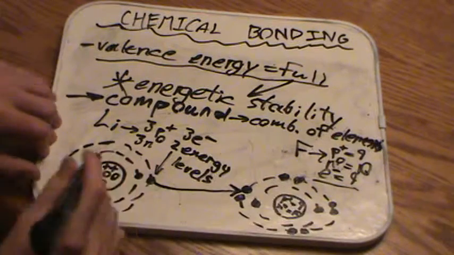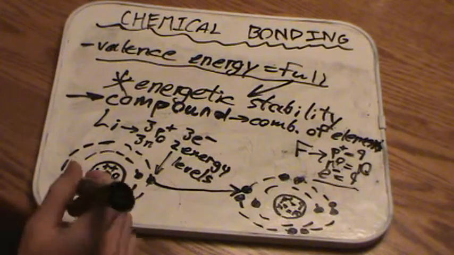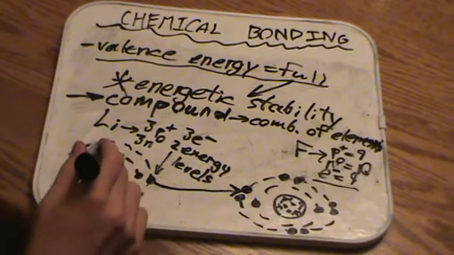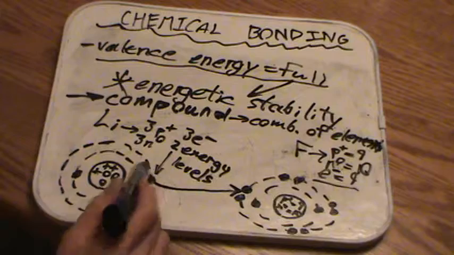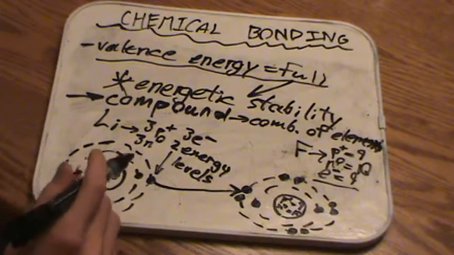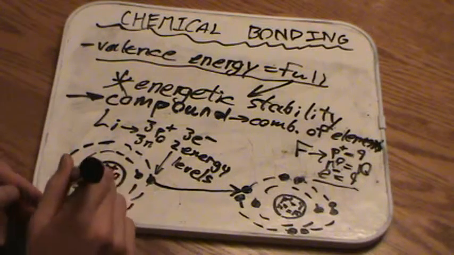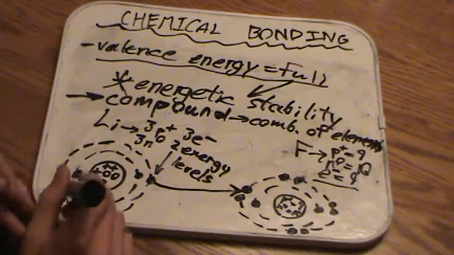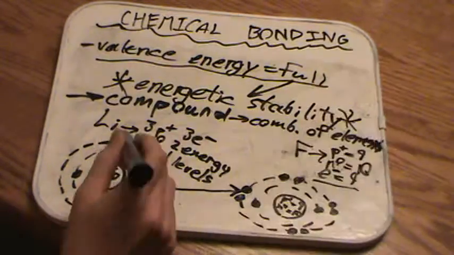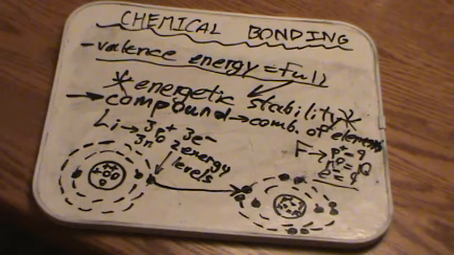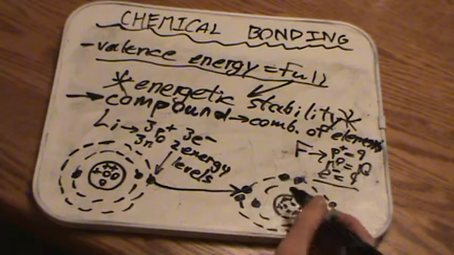And this creates a situation where the valence energy level now becomes the first energy level for lithium, because it just lost the only electron it had in the second energy level. And this first energy level is full. It's a full energy level for lithium, so it has achieved energetic stability. Let's star that a little bit more, because it's super important for chemical bonding.